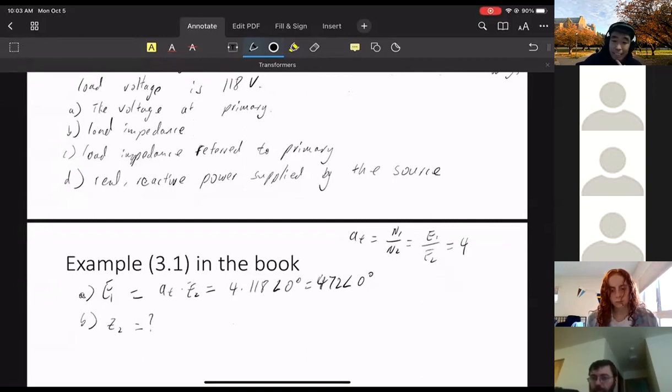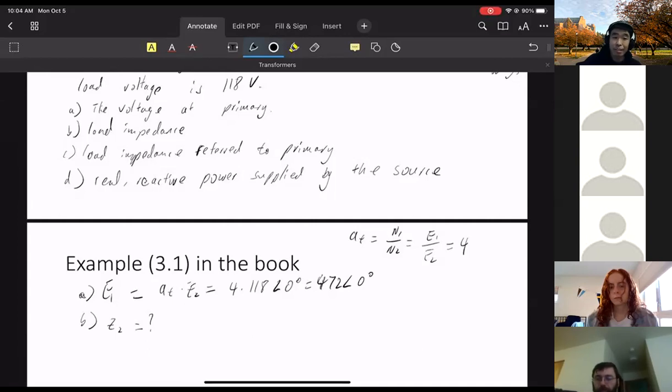In the chat, there's some typing. There are two suggestions. One is V squared over impedance. One is Z2 as E2 over I2. The second one is better, because we're dealing with complex numbers.